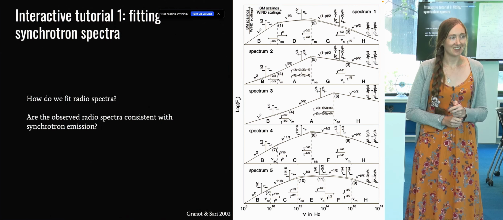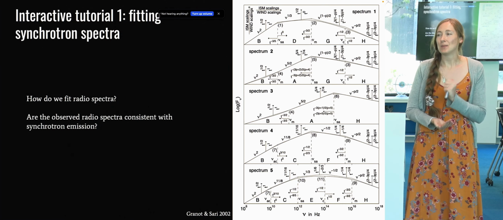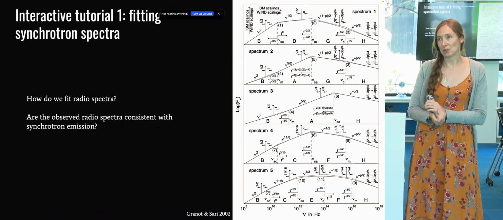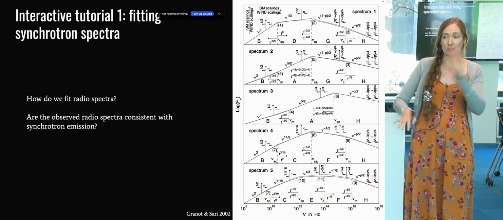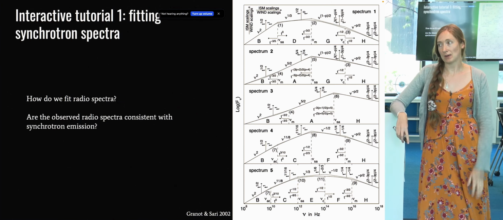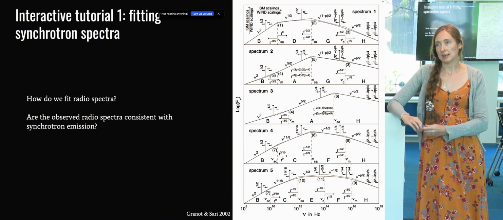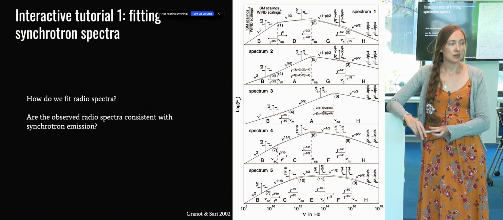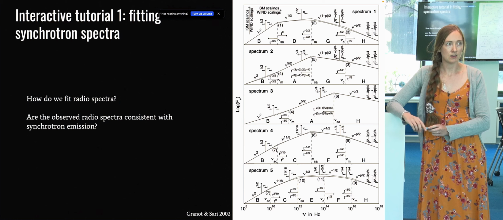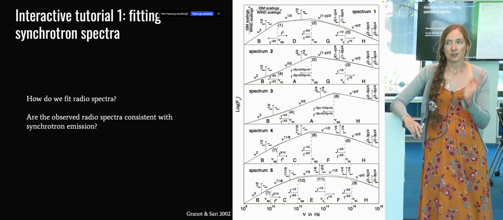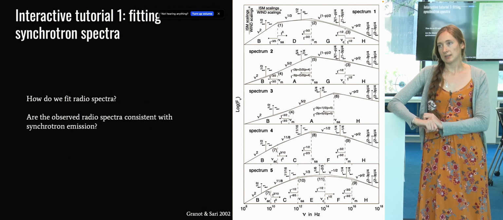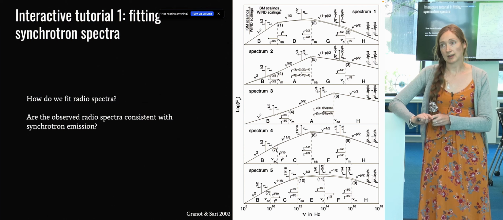Classic radio astronomer. But the idea of the tutorial is it should step you through. Initially, we don't fit any model. We can just fit the data for a power law, and we can say, what does the power law look like? Is it what we expect for synchrotron emission? And then it gets a little bit more complicated when you start to think about other things that might be affecting the radio emission that we see, like the host emission from the galaxy and things like that.